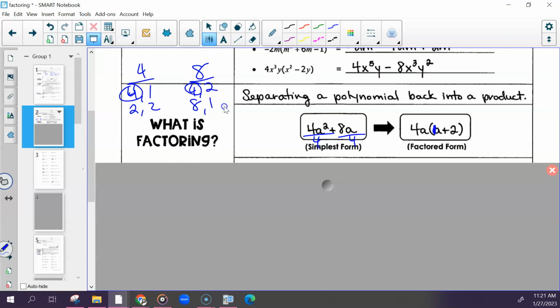Then looking at your variables, you're looking at the lowest exponent in your variables. So this one has a 2, this one has a 1. And you're trying to figure out, do they have variables in common? Yes, they both have a's. And how many a's could I divide them both by? So I can't divide this one by 2 because it only has 1.